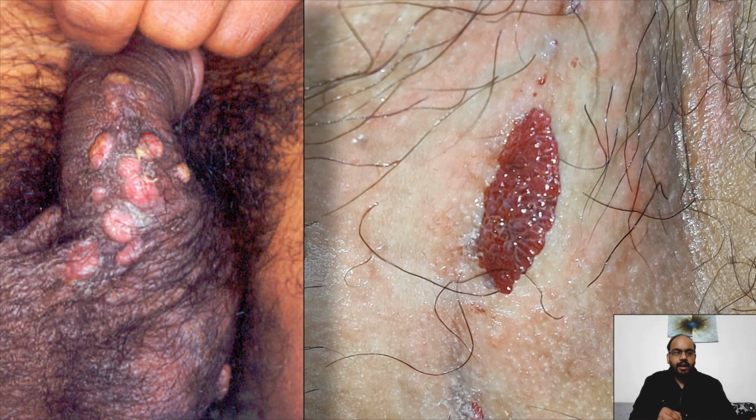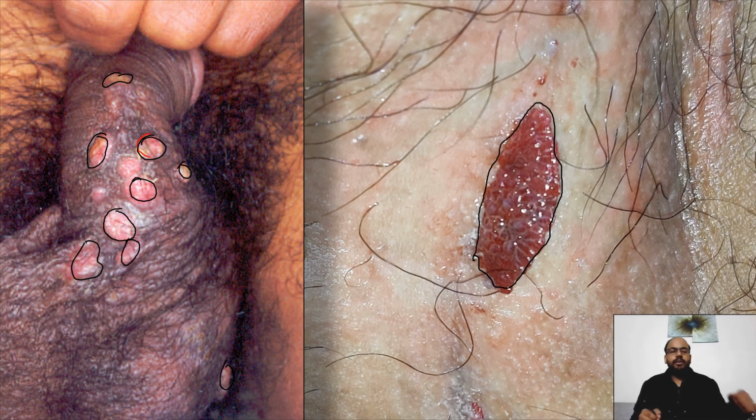So if you can see here, these papules on the penile shaft, they are flat. They are raised papules which have a flat surface with a moist looking appearance. So this is the morphological appearance of C. lata. Now they can arise as this kind of a fleshy, not exactly verrucous, but a fleshy collection of papules.